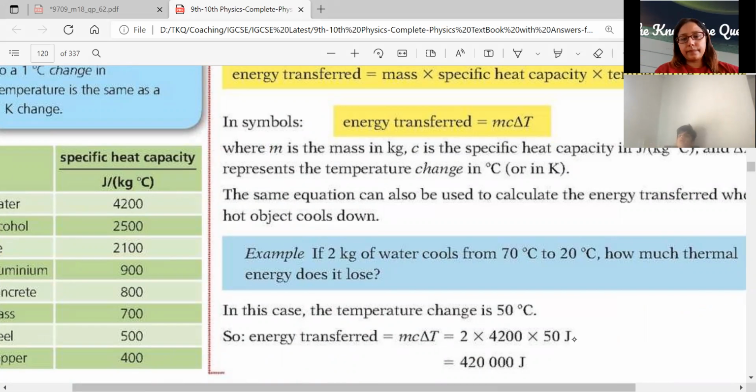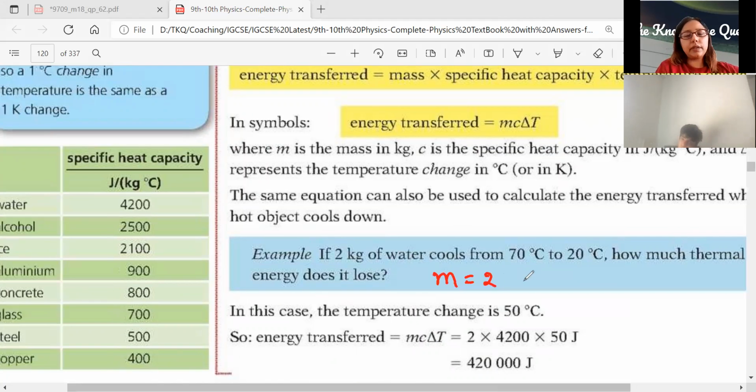So for energy, the formula is mass into specific heat capacity into delta T. First, you write down everything which is given to us. M is equal to 2 kg. Specific heat capacity is 4200 joules per kg degree Celsius.